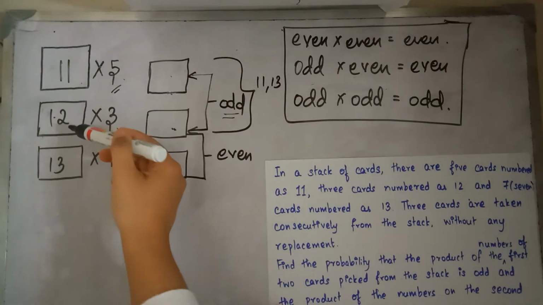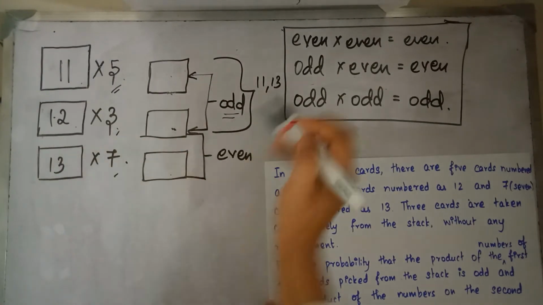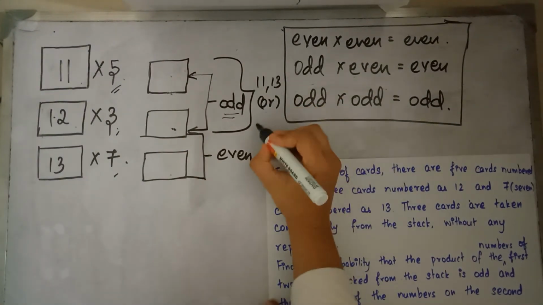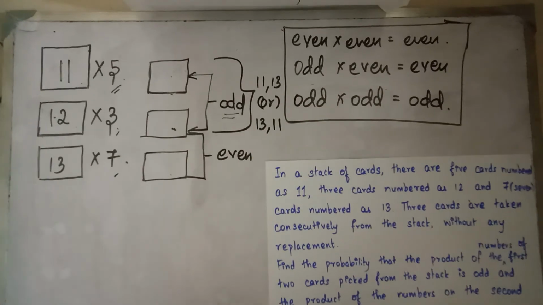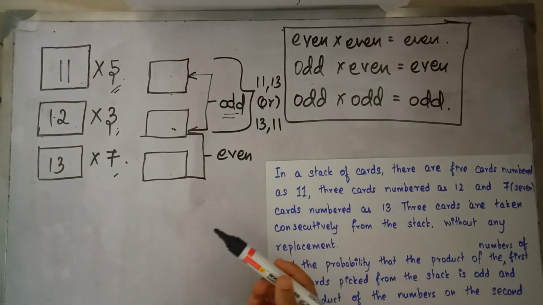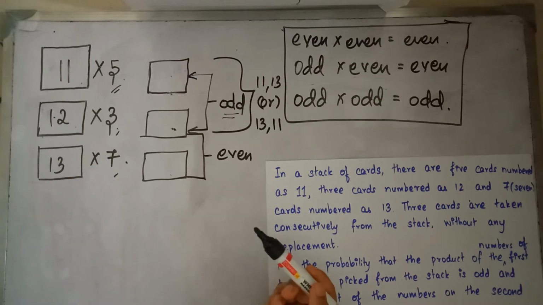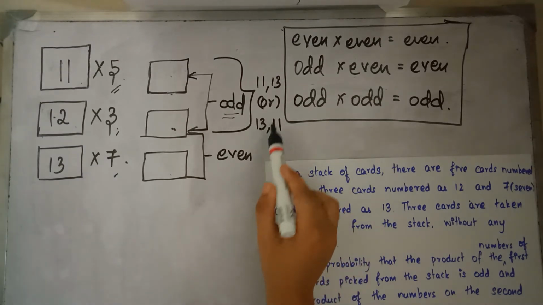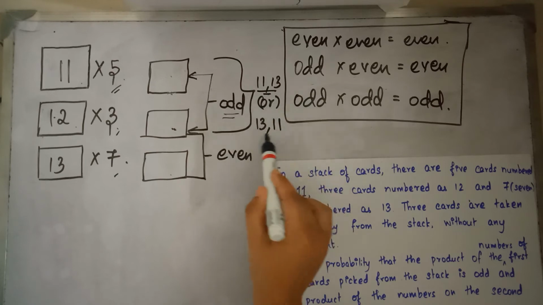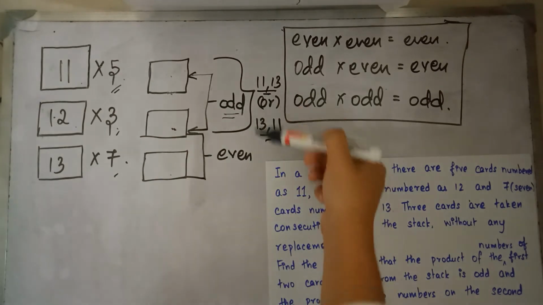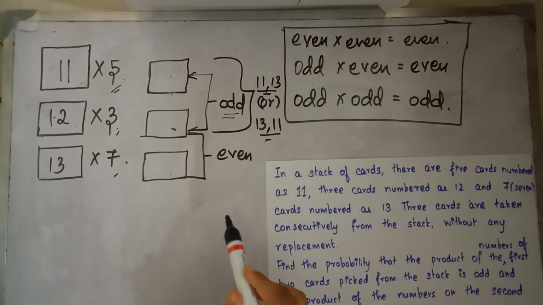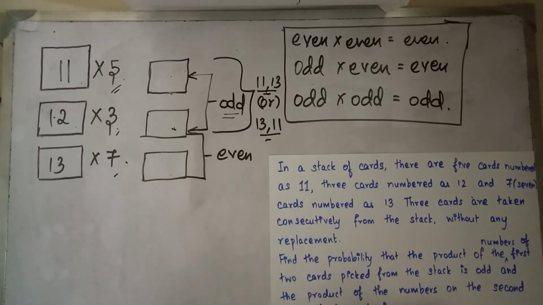First I could get 11 and then 13, or I could get 13 and then 11. Now I'm taking these cards without any replacement, so the order actually matters. You have to find separately for 11, 13 and 13, 11. It's 2 different cases.